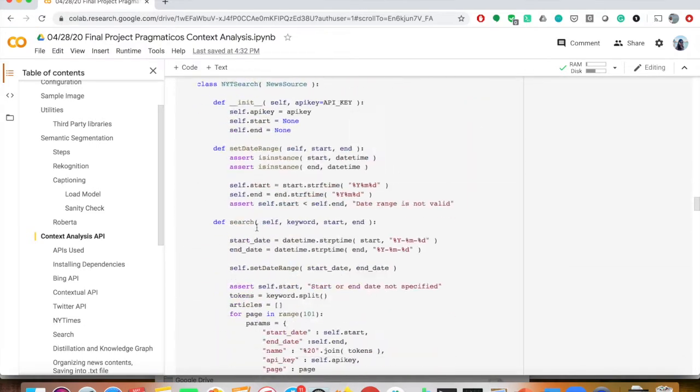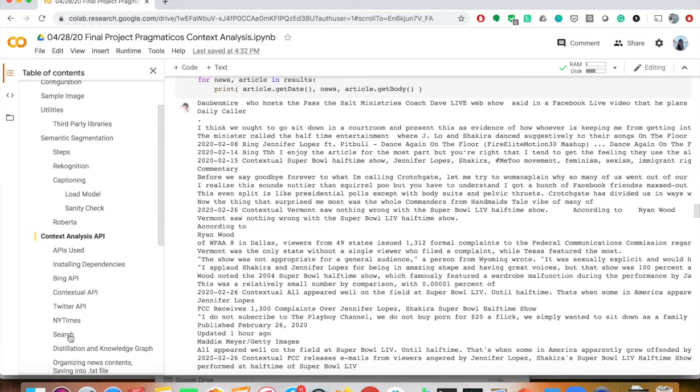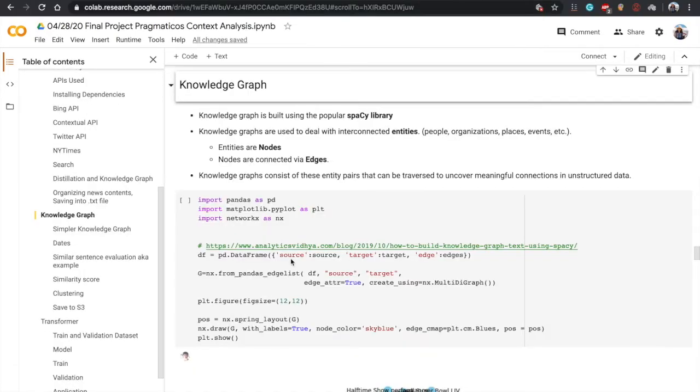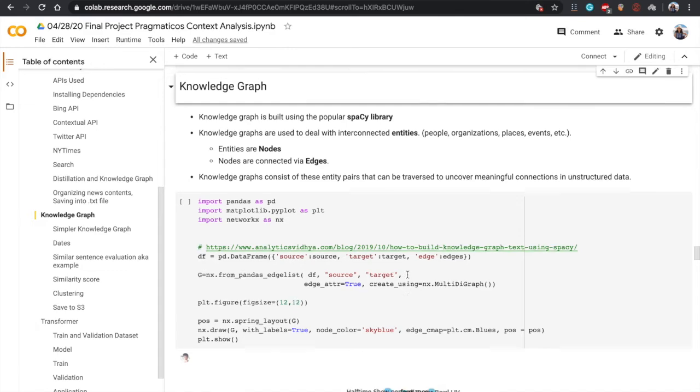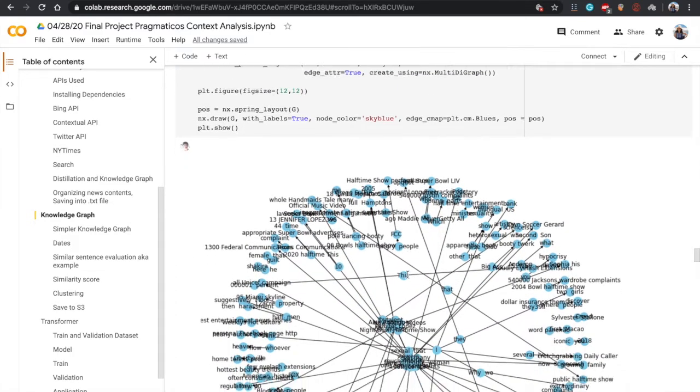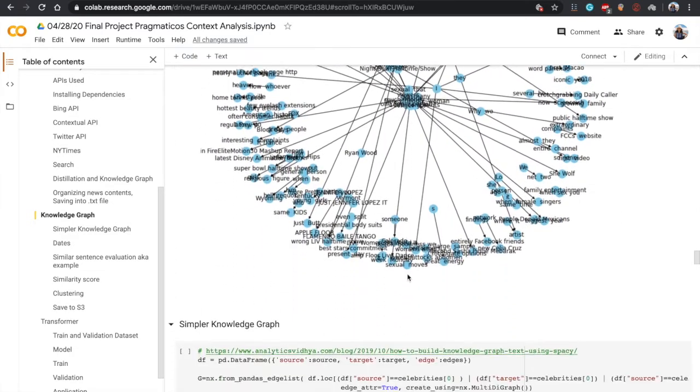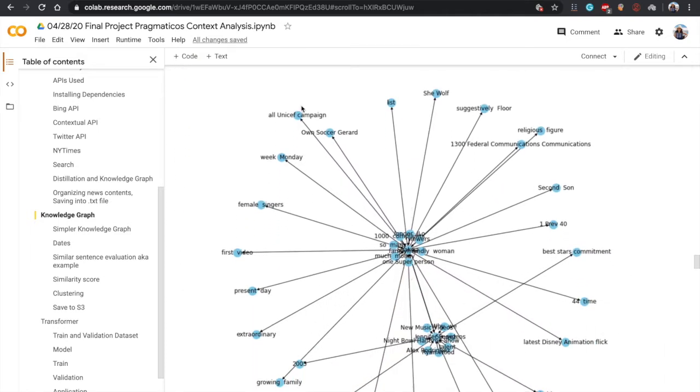So, using these APIs, we can see that it published articles related to JLo and Shakira. Knowledge graphs are derived from the results obtained from the APIs. Knowledge graphs are used to deal with interconnected entities such as people, organizations, places, events, etc. Entities are nothing but the nodes, and the nodes are connected via edges.